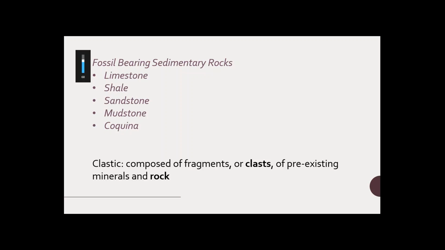And as they move towards the ocean, usually through a river or through rain, they get smaller and smaller and they break down as they go along. Once they are at the coast or in the ocean, they lithify and are compressed together to form sedimentary rocks. And this is the most common type of rock where you're going to find fossils.